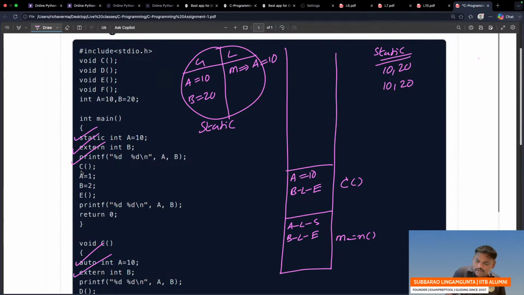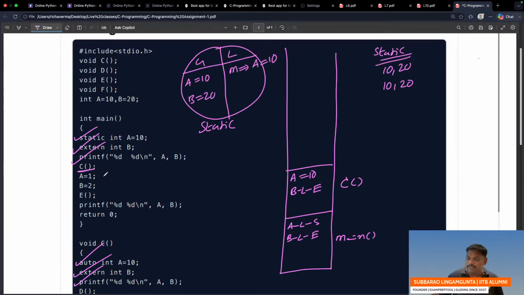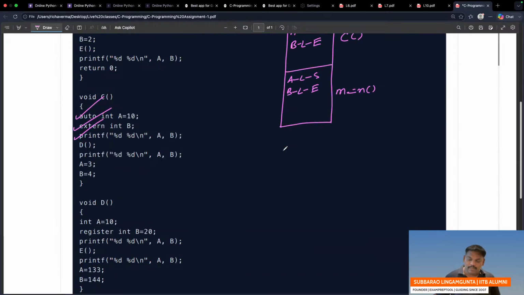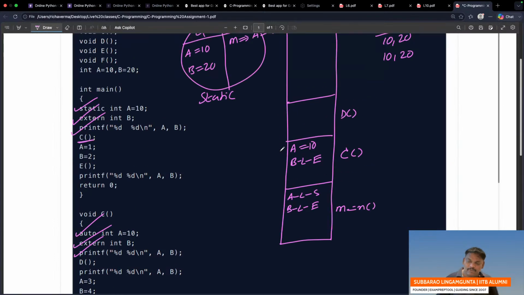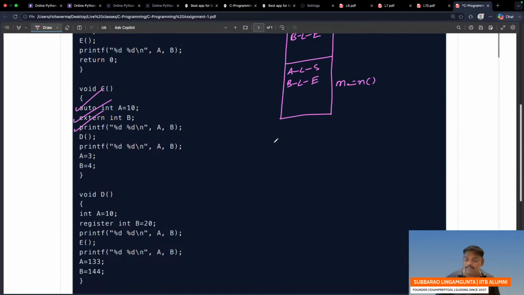For the C function, for that purpose only I am doing this much work. So printf is done. Now the D function is called. In the D function, first line, int A is 10. Register int B is equal to 20.